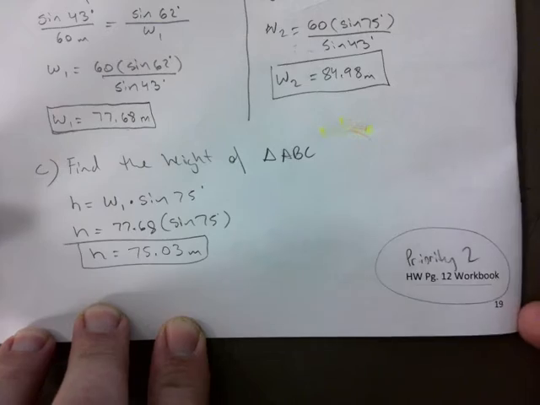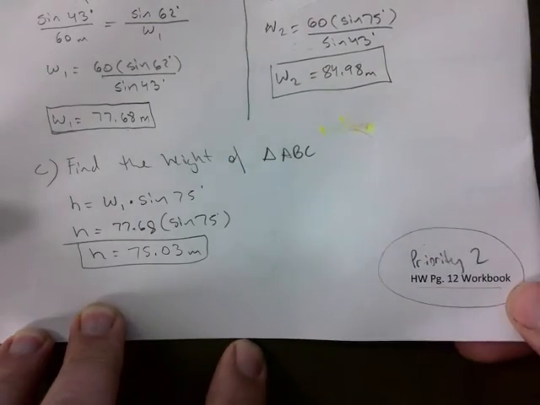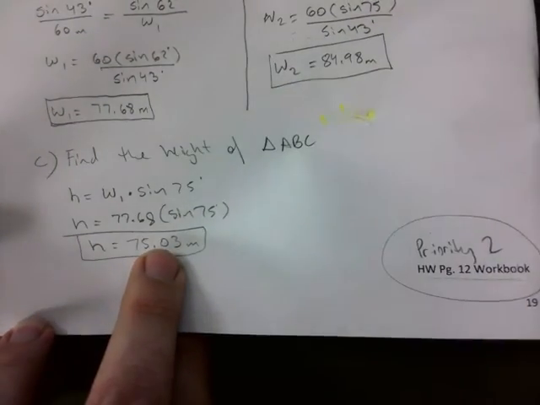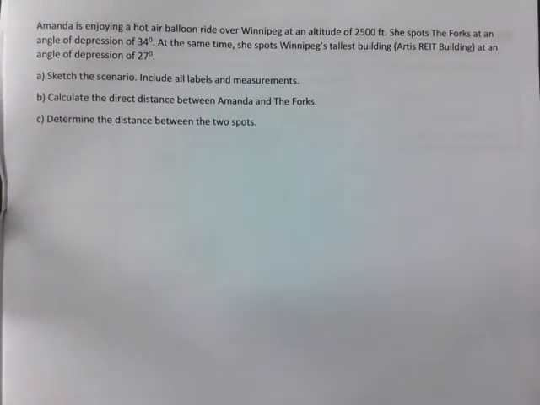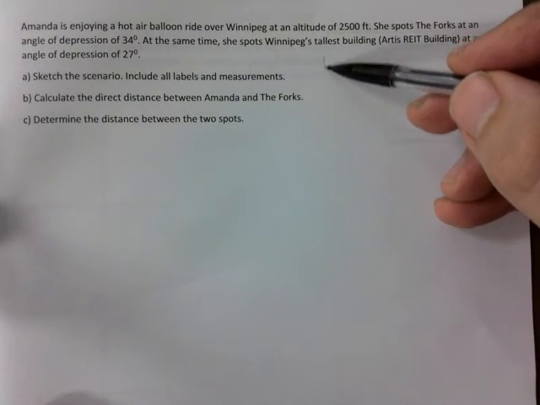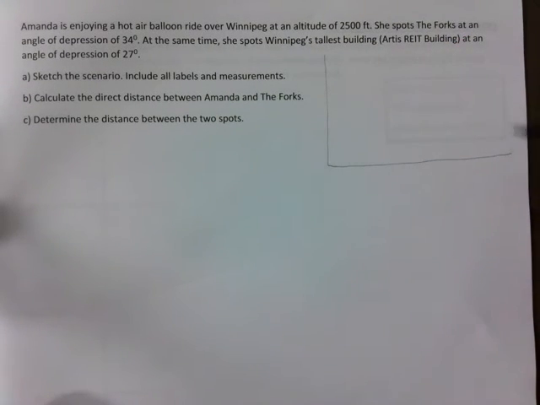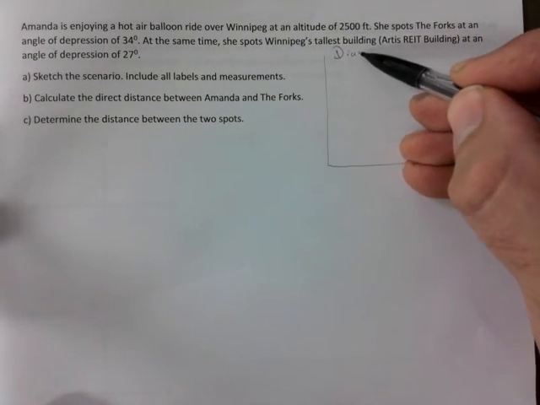What are we at here? 124. So I told you it's going to be a bit of information overload, but that's how it is sometimes, right? So I want you to have lots of room, and you can erase if you want. Just use this space right here to make a diagram.